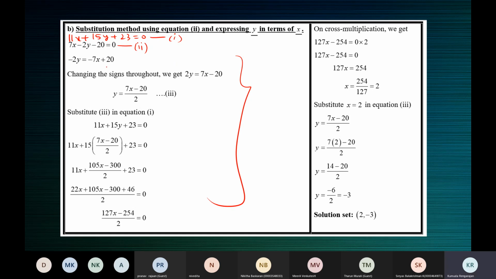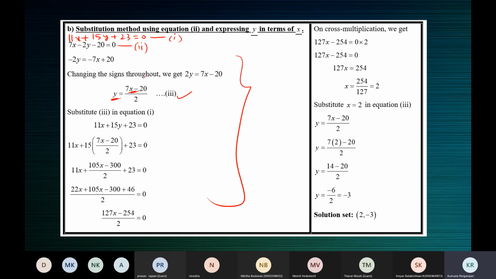Okay, so I've taken equation 2 and I've expressed y in terms of x. Then we call that 3. We got 3 from 2. So what we do is we substitute 3 in 1.